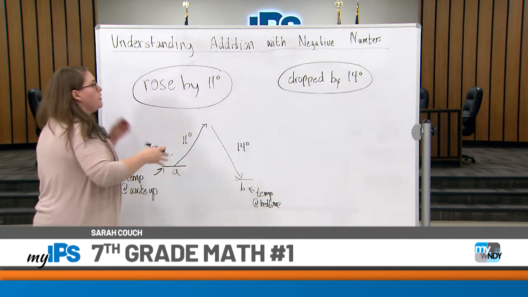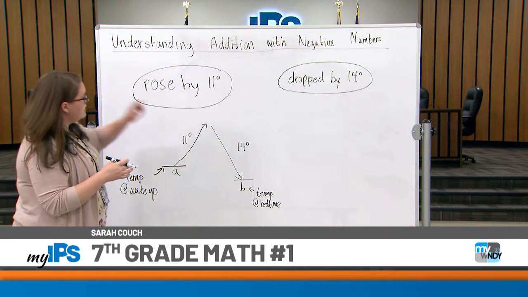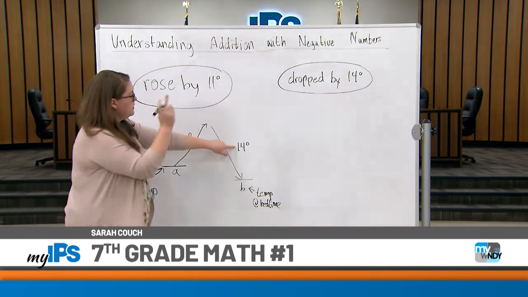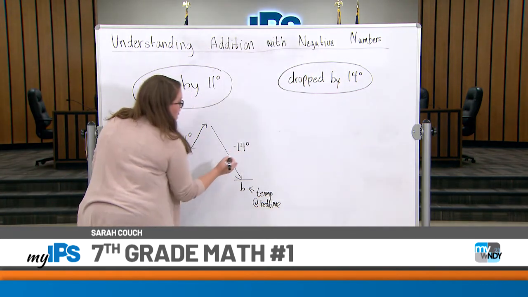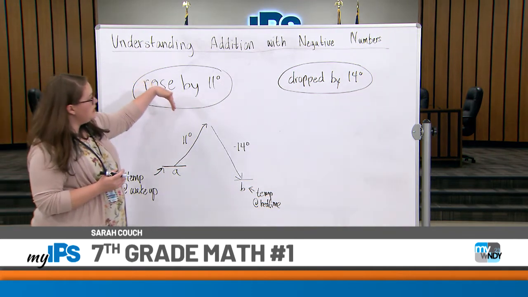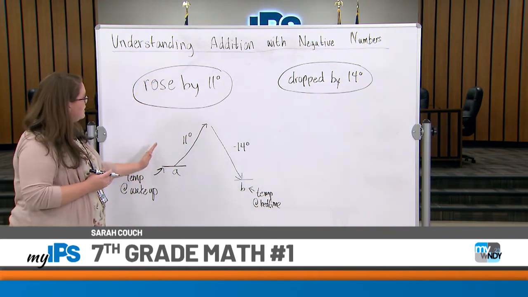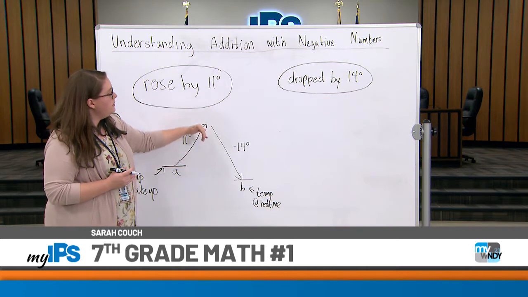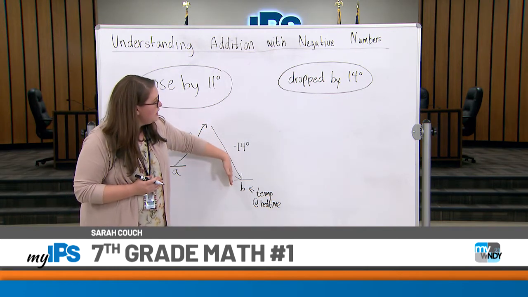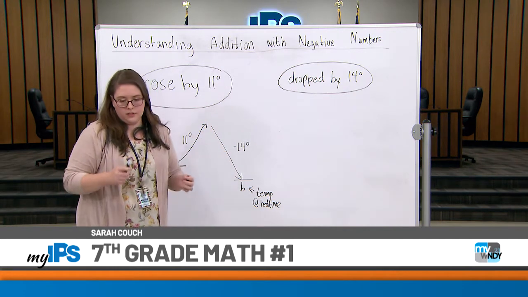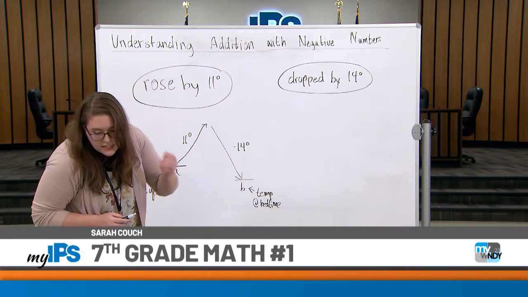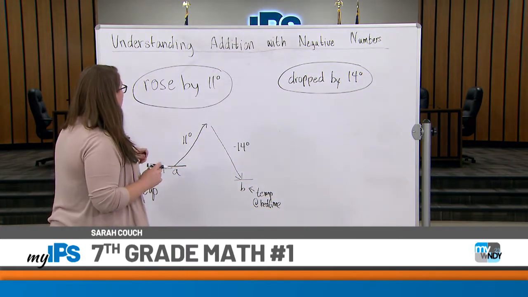What's important to know is that this number is going to be represented with a negative symbol in front of it because it is going down in value. This is increasing in value, making it a positive value, and this is decreasing in value, making it a negative value. So to write this in an addition expression, we have to think about where we started.